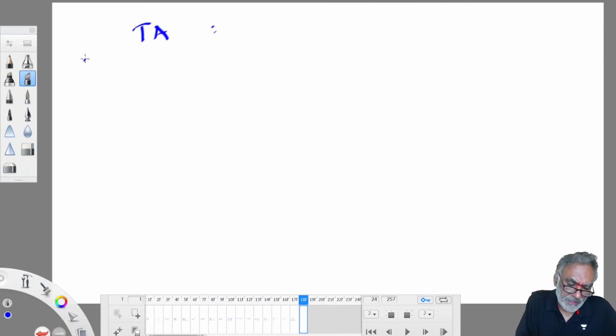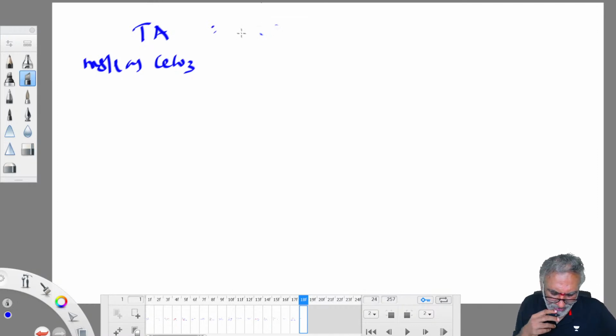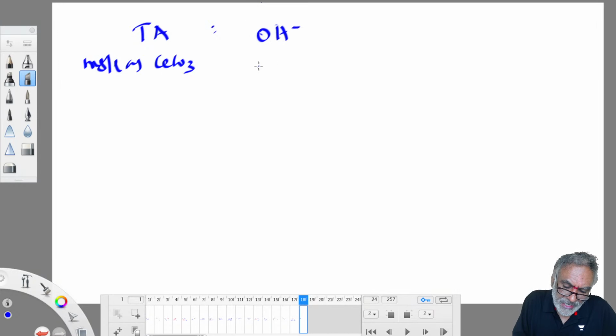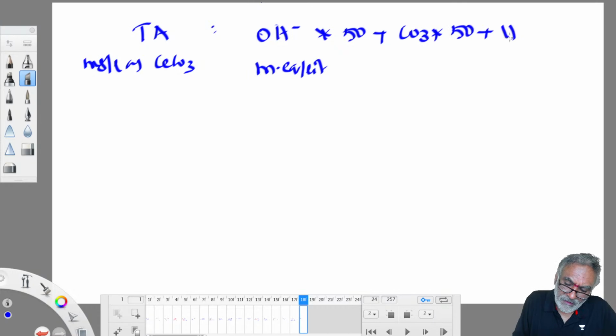Total alkalinity in milligram per liter as CaCO3 you can also work out by using equivalent weights. If H plus, OH minus ions, carbonate ions are expressed in milliequivalents per liter, then just multiply with 50: carbonates into 50 plus bicarbonates into 50.